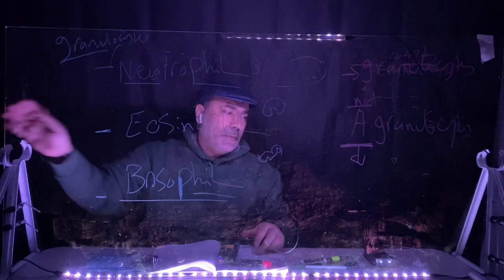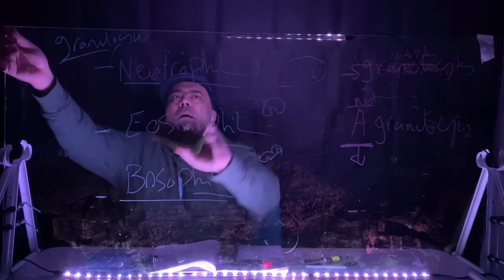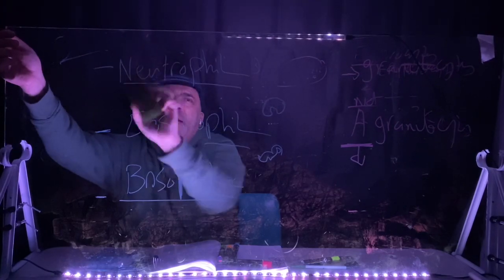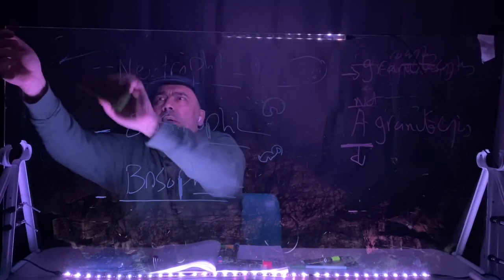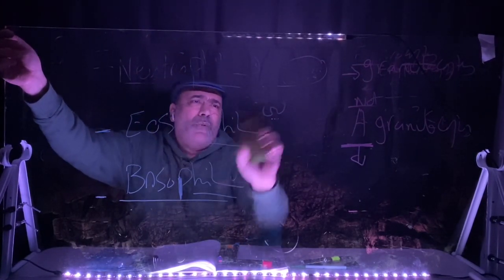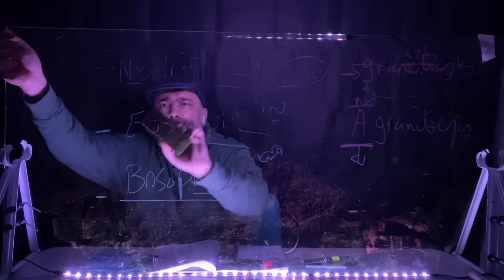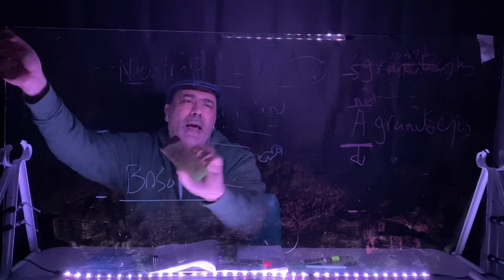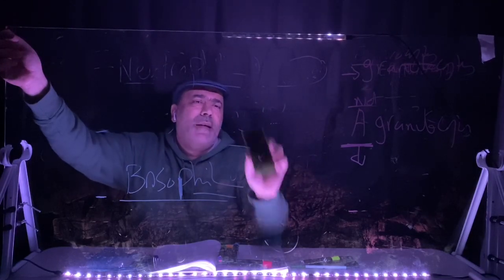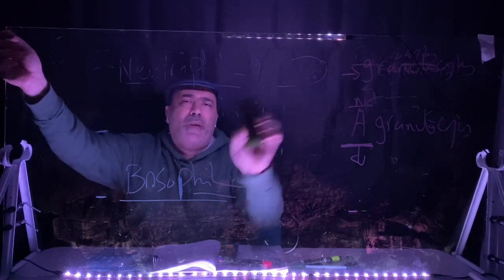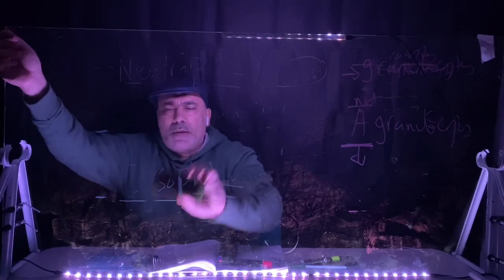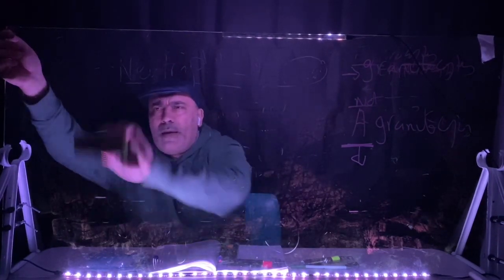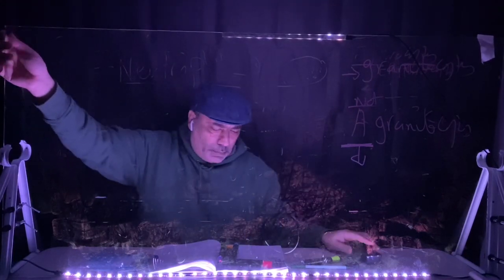Okay, great. So these are the granulocytes of the white blood cells. Again, white blood cell has two types based on the histology or the shape. One has granules inside, and one does not. The names end with phil. I'll tell you how I memorize it, that'll be easier for you.